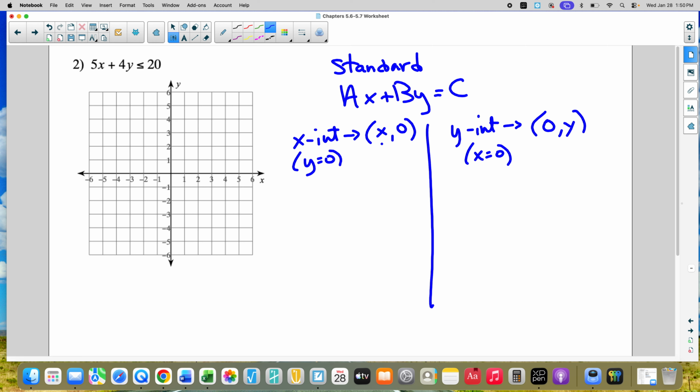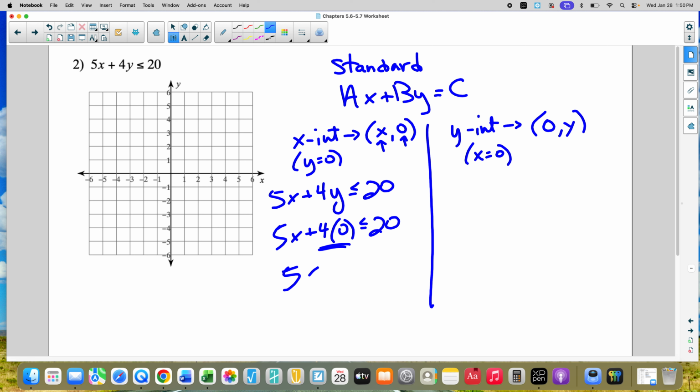So I'm looking for this value. That's what I'm doing by plugging in 0 for y. So we have this equation, 5x plus 4y is less than or equal to 20. If I substitute 0 in for y, notice what happens to this term. It goes away, and it becomes 0.